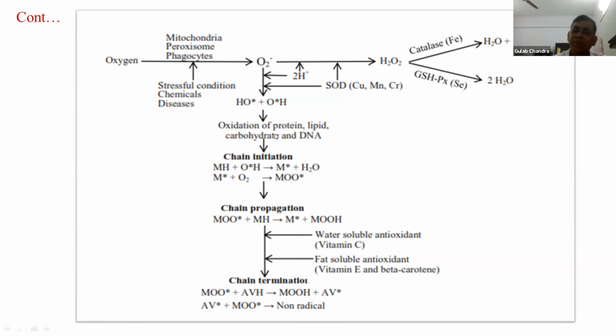And the free radicals that start chain reactions may be neutralized by chain-breaking antioxidants. Vitamin E and vitamin C are chain-breaking antioxidants that break the chain reaction that takes place in polyunsaturated fatty acids. That is all. Thank you very much, sir.